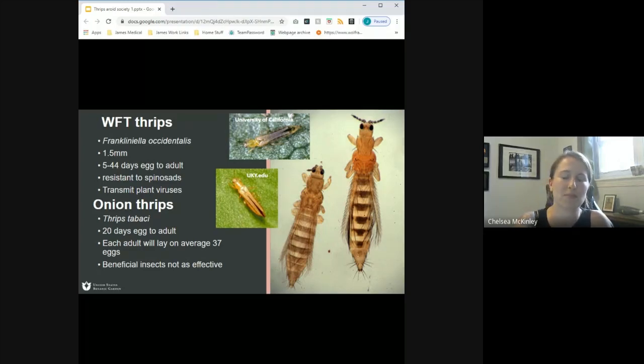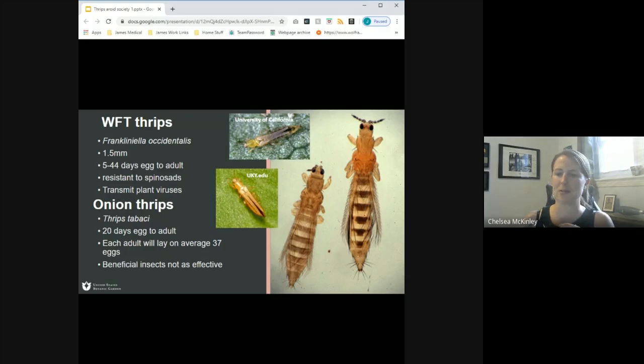And that's pretty consistent across most pest thrips species, in that they live around a month, so between 20 and 40 days, and again, that depends on the temperature. But you have an adult thrips laying eggs for a good portion of that time that they're alive. So they're laying multiple generations.